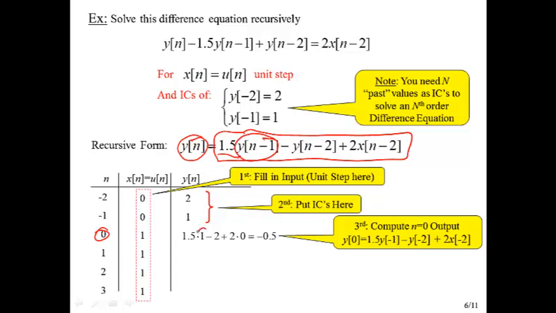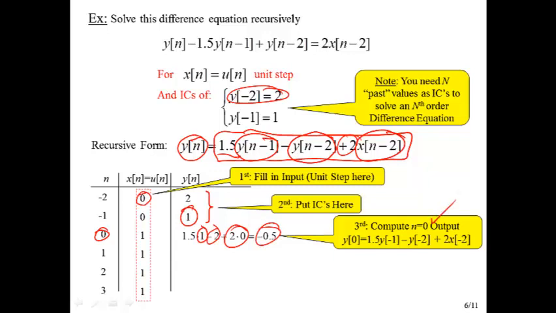Well, y of minus 1 was 1. Then we have minus y of minus 2. Y of minus 2 is 2. And then plus 2 times x of minus 2. Well, x of minus 2 is 0. So we put that in, and we get 0.5. So that's all for n equal to 0.